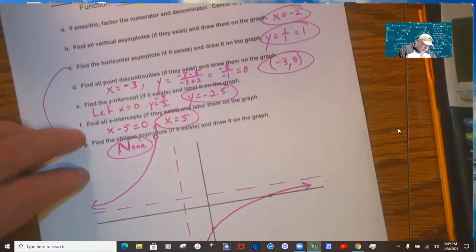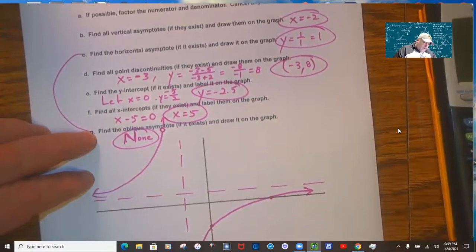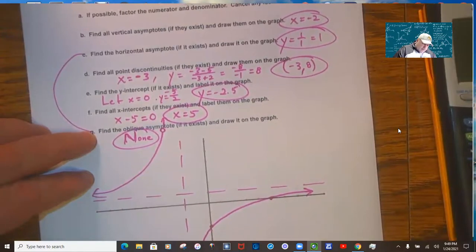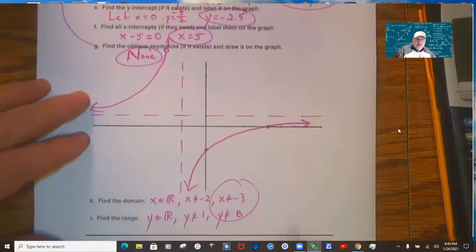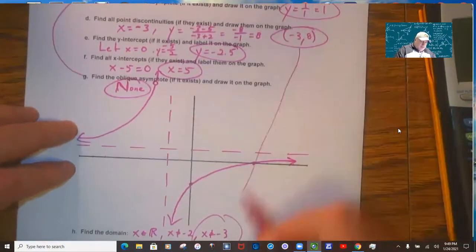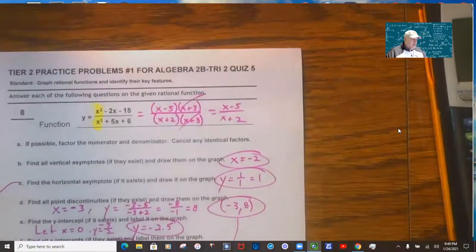Okay, so the domain, we need to take out -2, and we need to take out -3. And then the range, y is an element of the reals, we need to take out 1 and 8. So remember again that this point discontinuity will appear on the end like that if you have it.